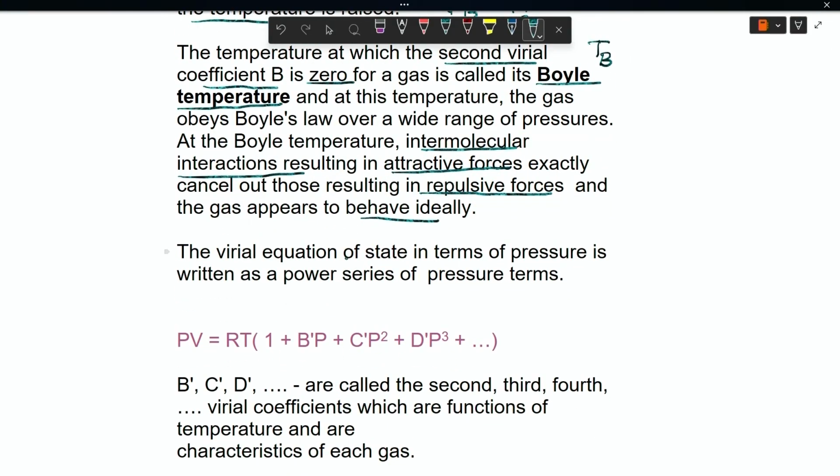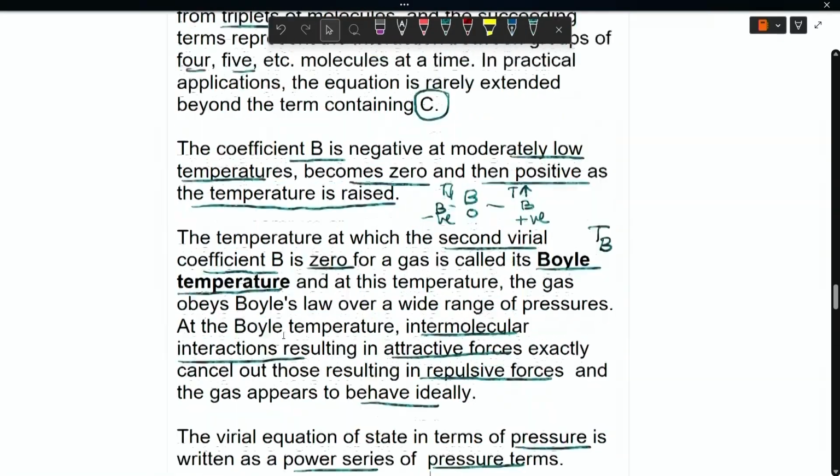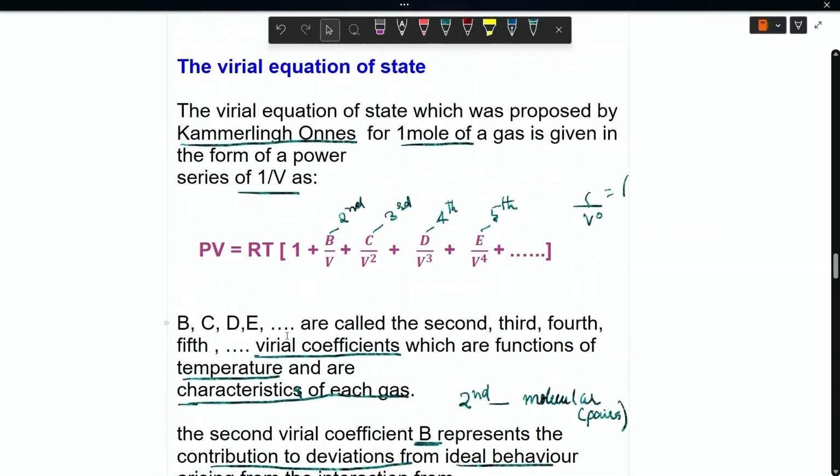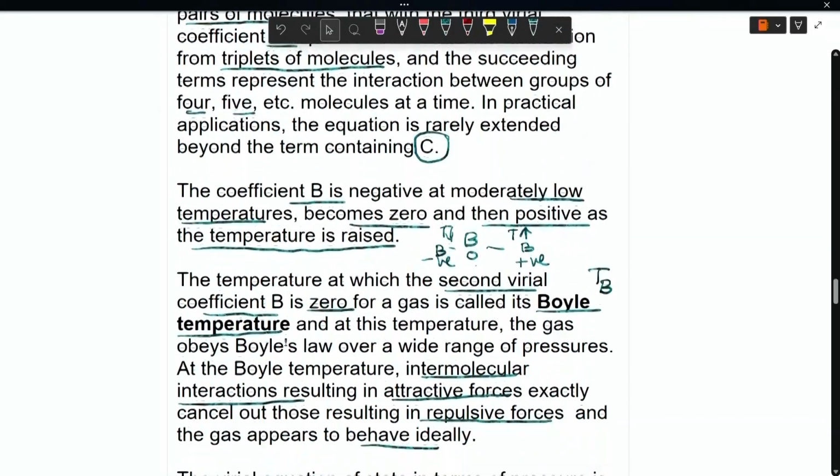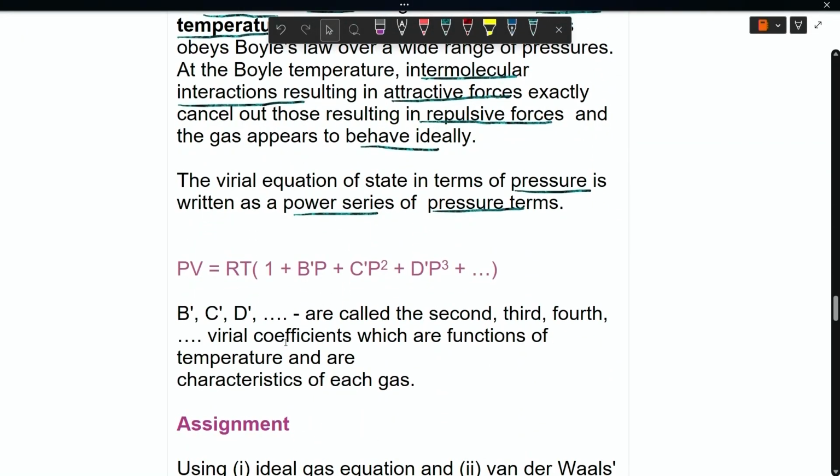Now, the Virial equation of state in terms of pressure is written as a power series of pressure terms. In the other case, it was in terms of volume, in which we have been writing it as a series of 1 by V, pressure and volume being inversely proportional. So, here pressure comes to the numerator.